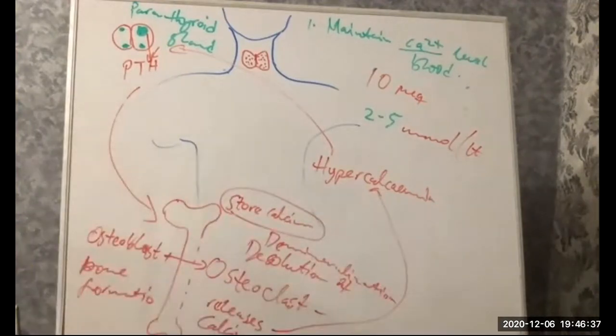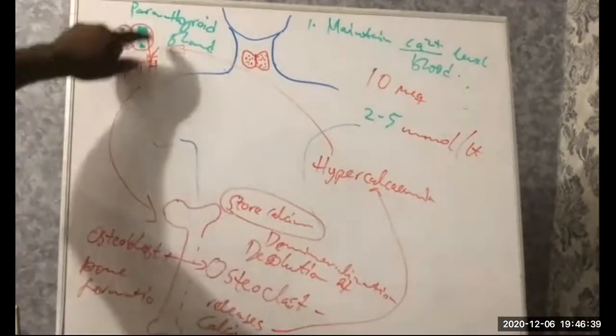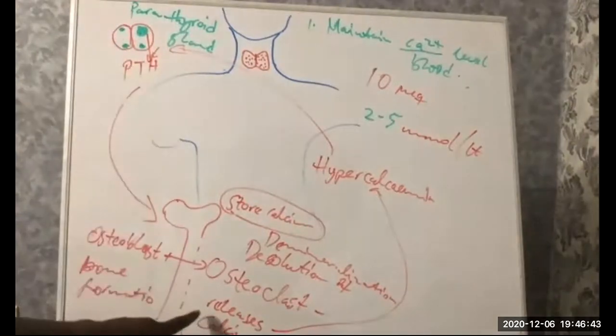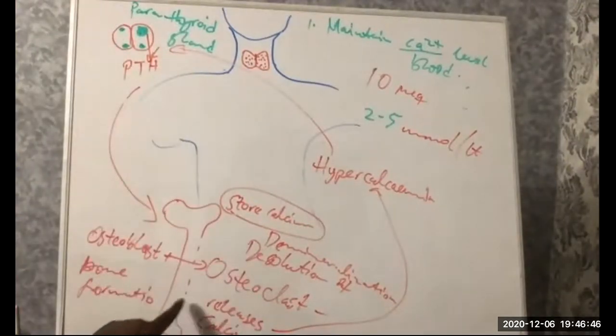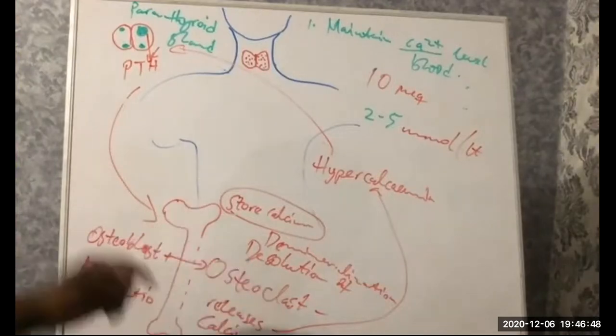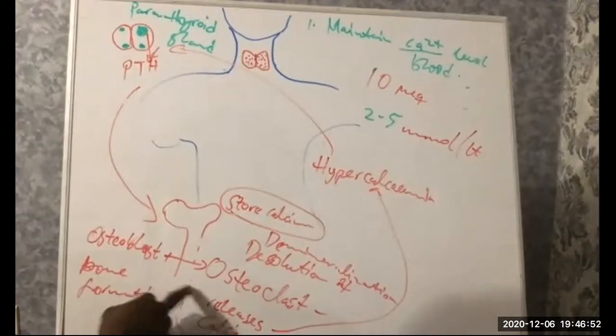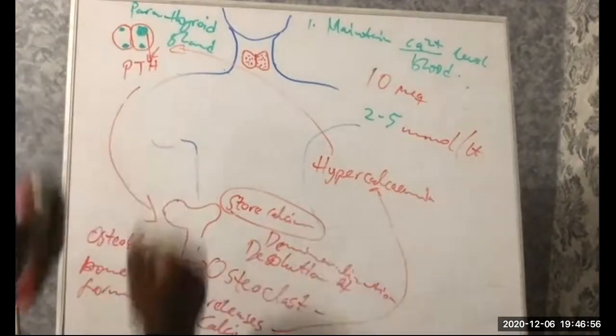One, because there is excess release of parathyroid hormone, excess dissolution of the bone is occurring. Excess dissolution of the bone means that the bone will become weak and start breaking, or it will be very soft.